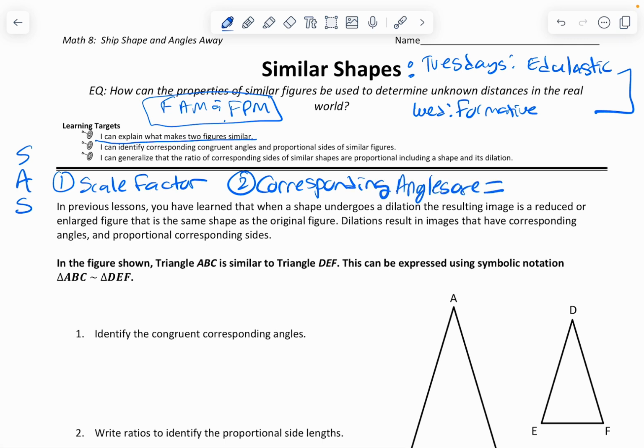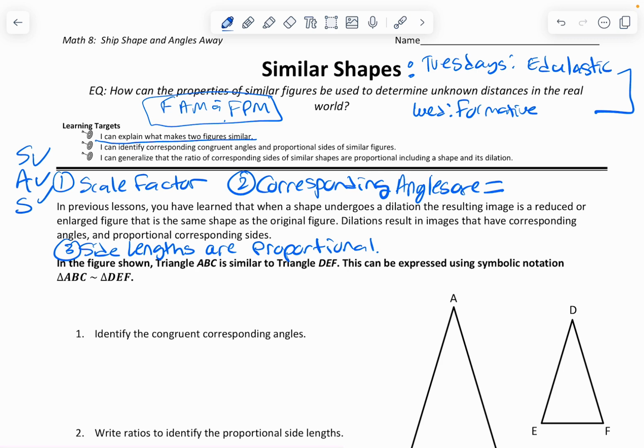And the third thing that we need to know is that the side lengths are proportional. They give you the same rate, are proportional. I would highly encourage you to jot down those three things. SAS: side lengths are proportional, there's a scale factor, corresponding angles are congruent.